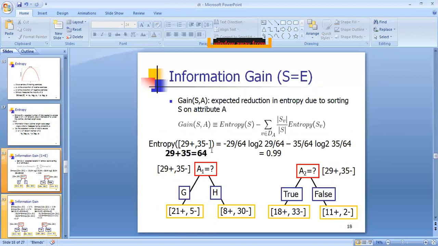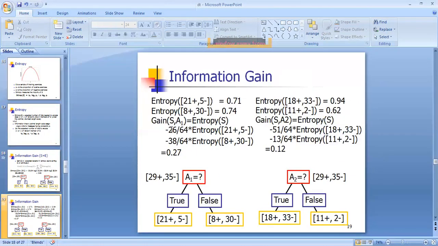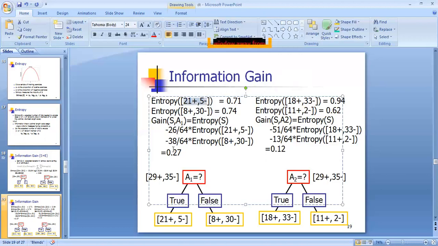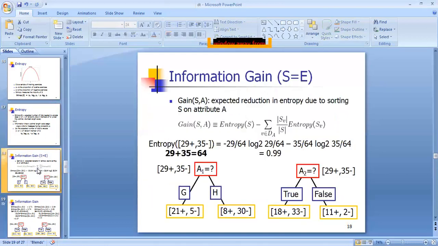Now you have to do minus 26. What is this 26? 26 is 21 plus 5, divided by 64. Can anybody tell what that 64 is?